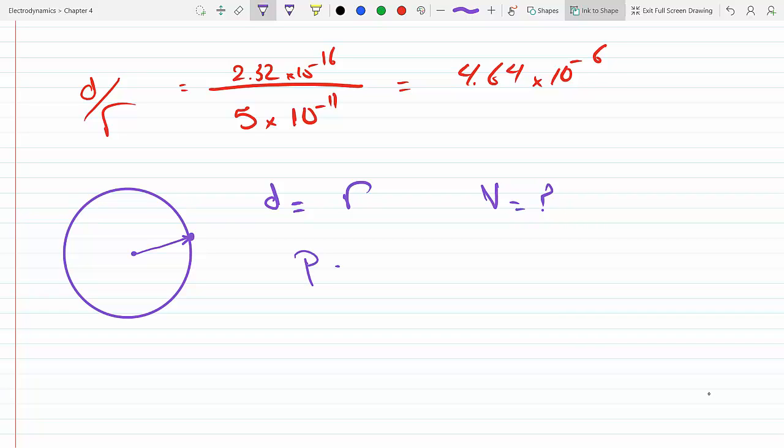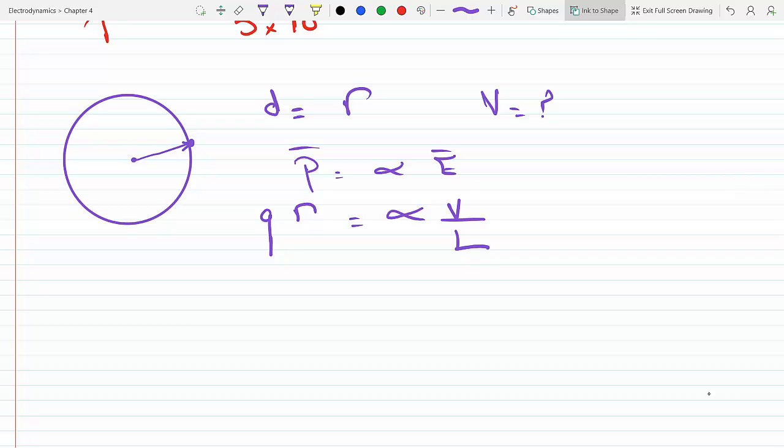Okay, so we already know P is proportional to E, and we know this is in between the plates, so E is V over L. And this is just Q times D, and D is R, so this becomes QR.